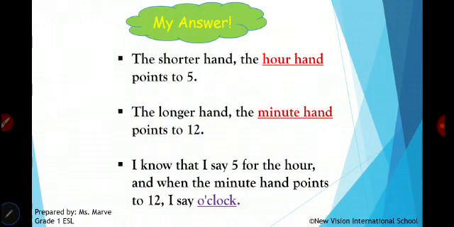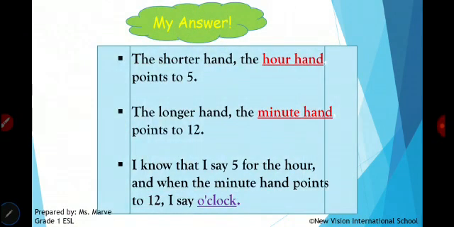Second, the longer hand, the minute hand, points to 12. And the third one, I know that I say 5 for the hour, and when the minute hand points to 12, I say o'clock. Very good.